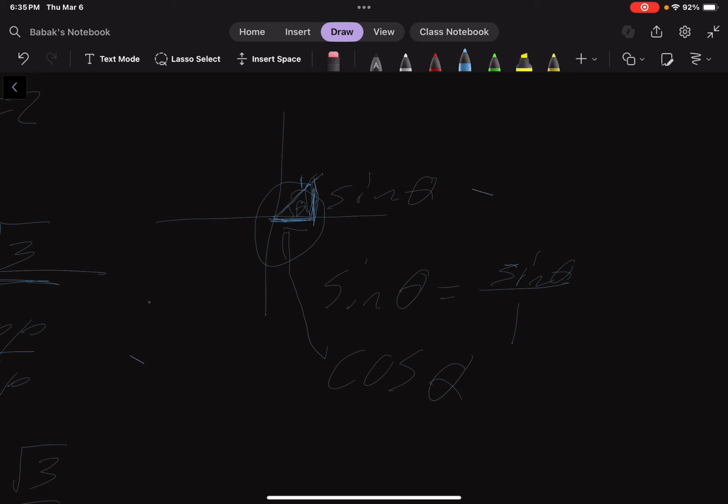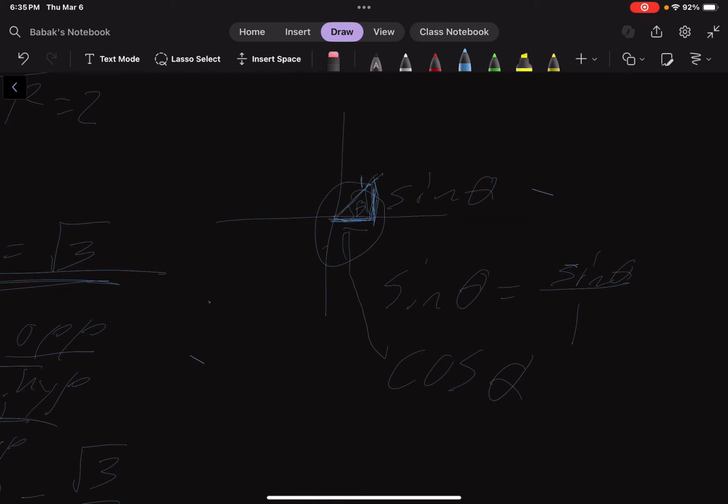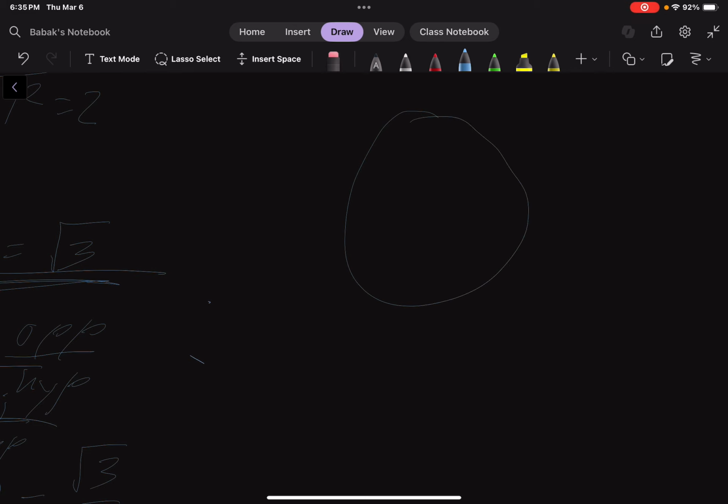Now, when regarding the unit circle, you may see that it also has negative axes, as here, below here, and on this side. When it comes to negative axes, say, for example, we start from here, and we go 270 degrees. So let us say the sine of 270.